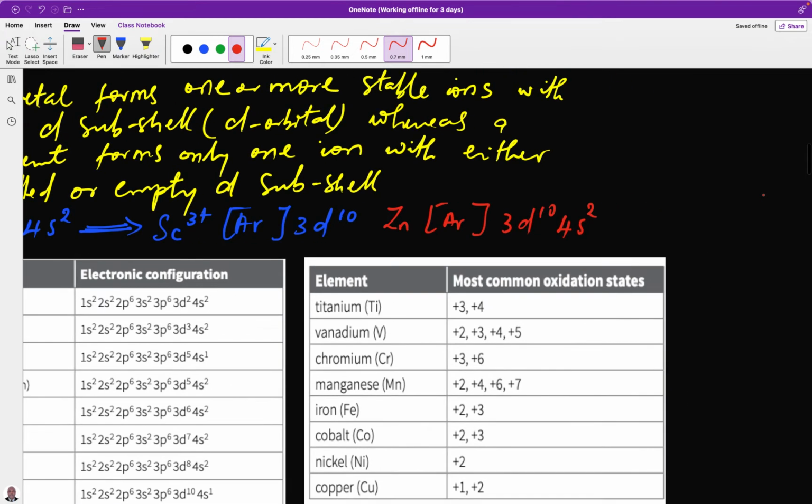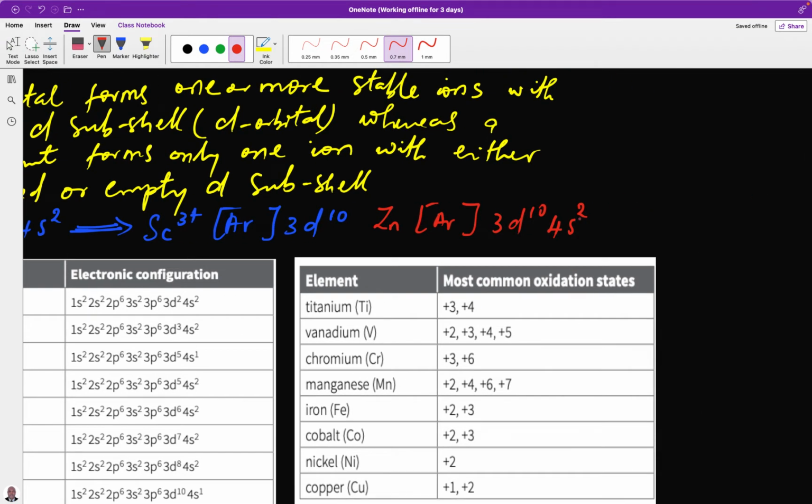So now when zinc forms an ion, all the 4s electrons are lost. So it will be zinc 2 plus, and it will be left with what?